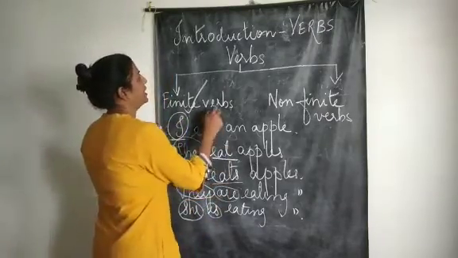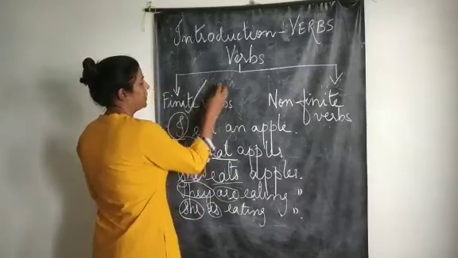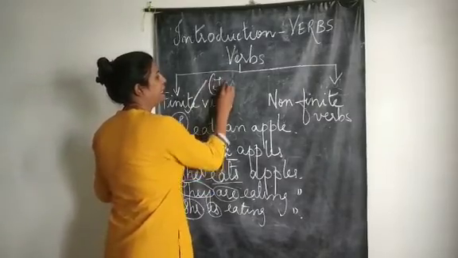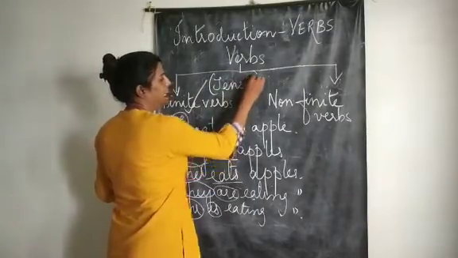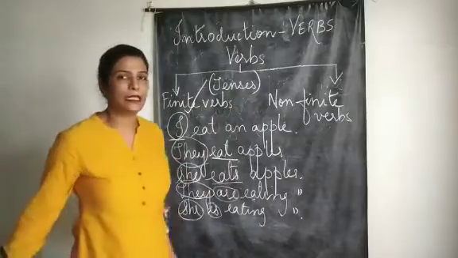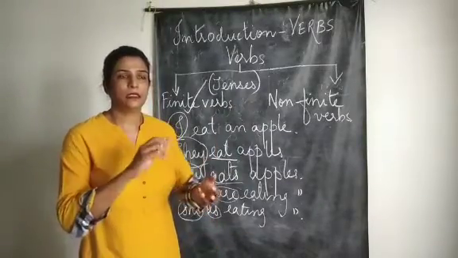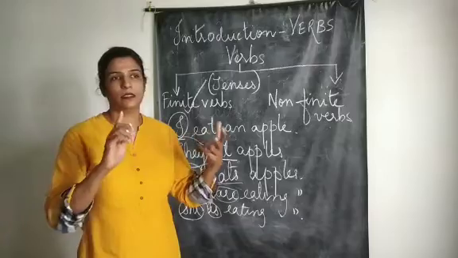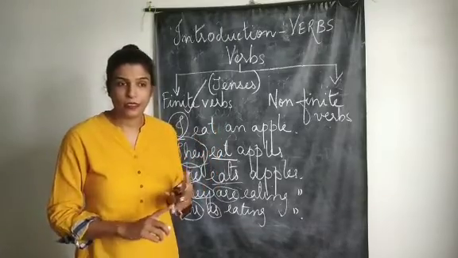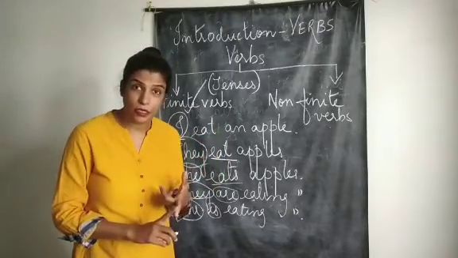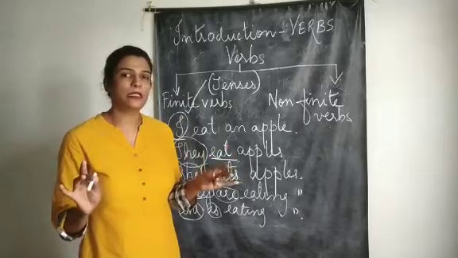Under the finite verbs, you can say all tenses come under this category. All the tenses: simple present tense, present continuous tense, present perfect continuous tense. All the tenses will change.